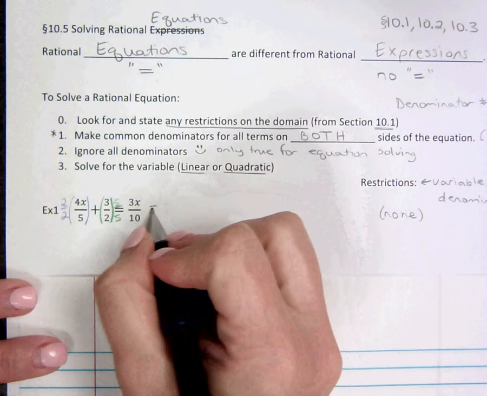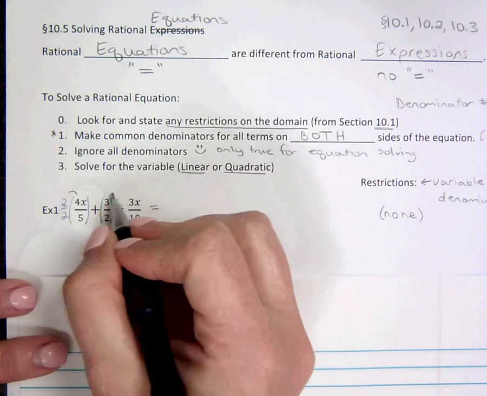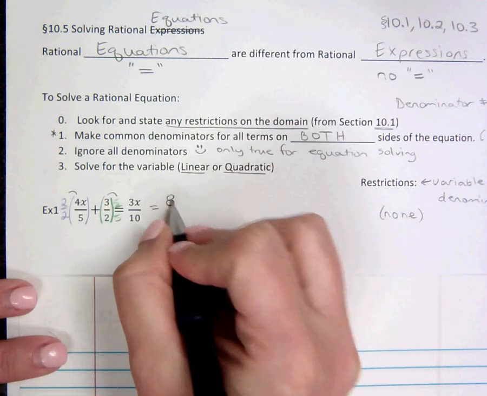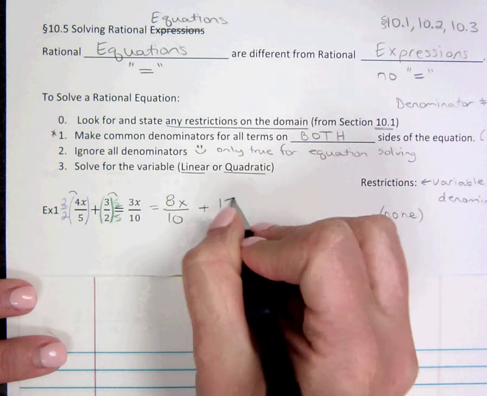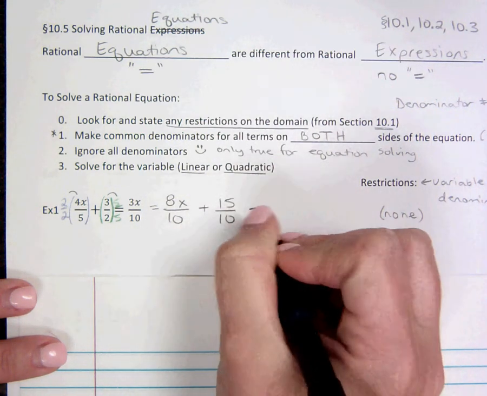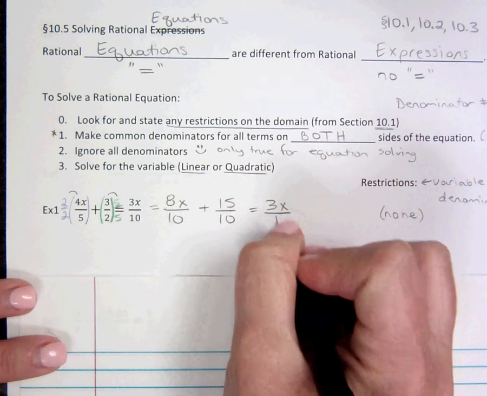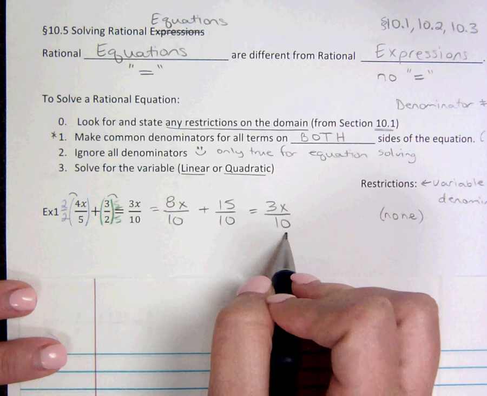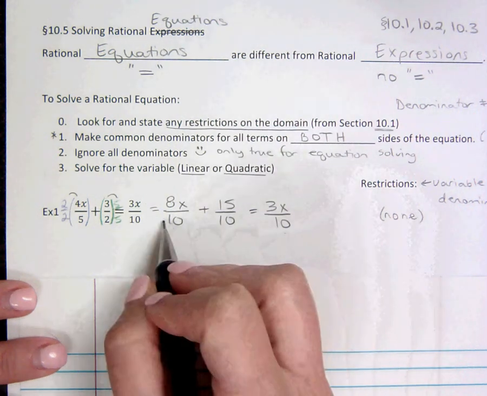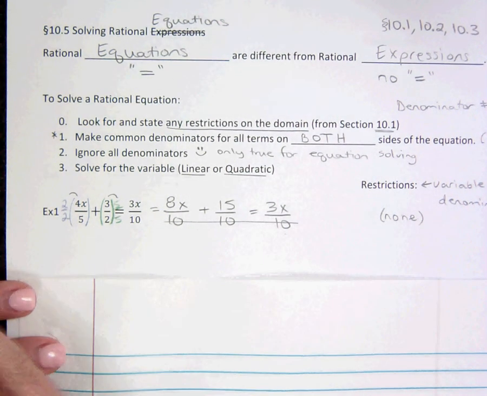So what we have is, we're going to multiply this out and this out. 8x over 10 plus 15 over 10 equals 3x over 10. Given all of the denominators are now 10 on both sides of the equation, we can ignore those denominators.